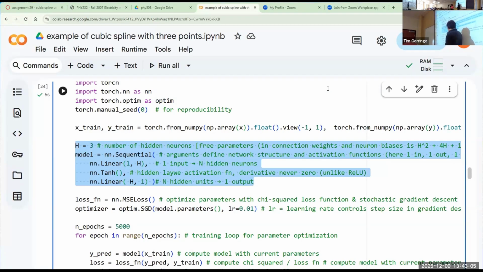And this call just says, how are you going to do your gradient descent to find the minimum chi-squared? Here we call it a loss function. So find the minimum loss function to decide that you've matched your parameters to your data set. You trained your parameters on your data set.